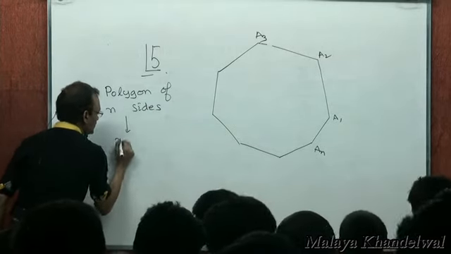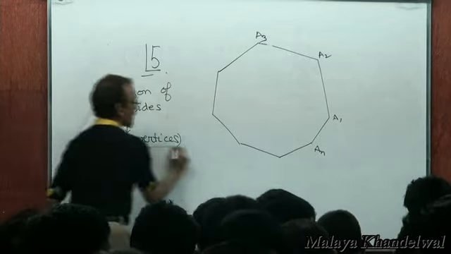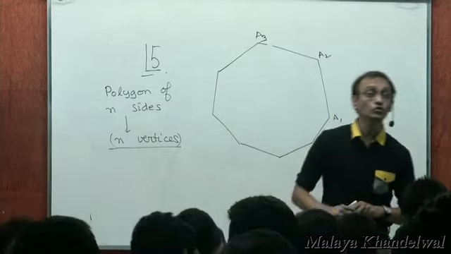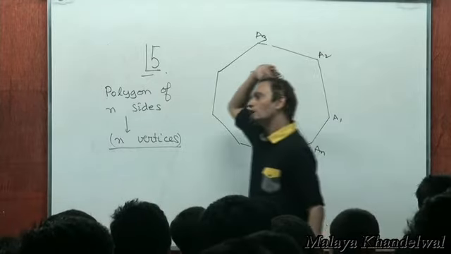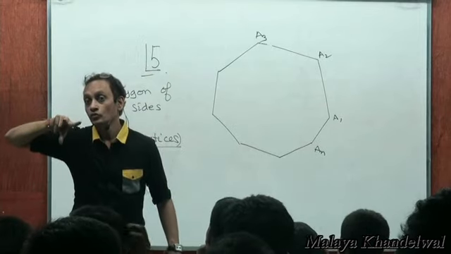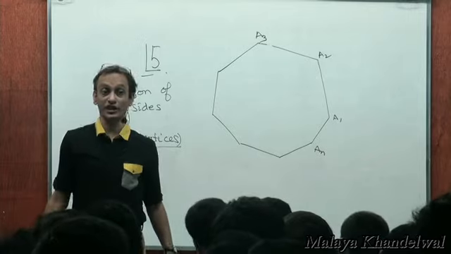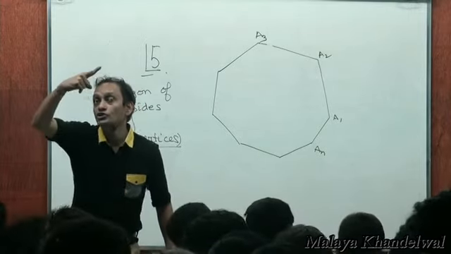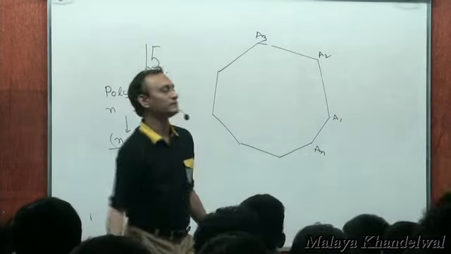That means n vertices, A1, A2, A3, AN, and I want to create a diagonal. Now, a diagonal would mean the join of 2 non-consecutive vertices, because the join of 2 consecutive vertices will give me a side. Right.